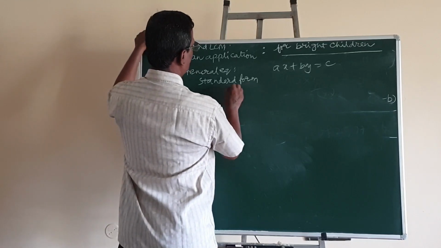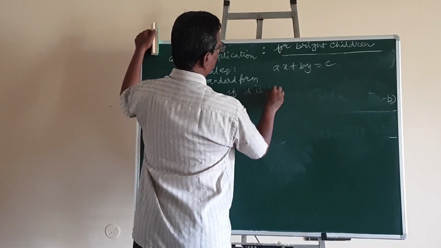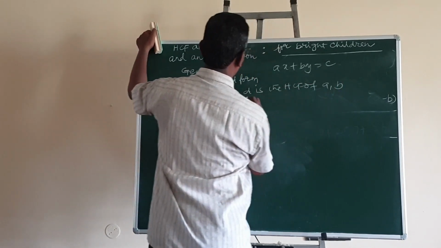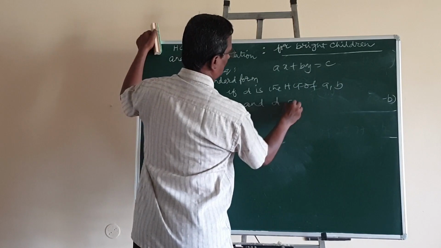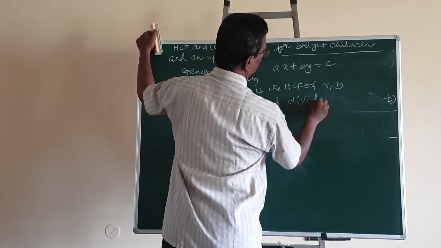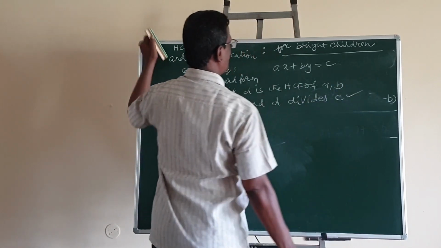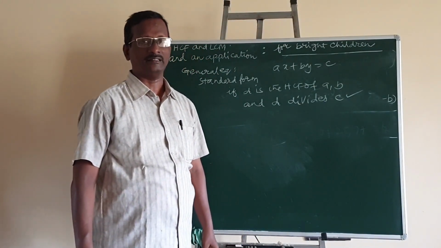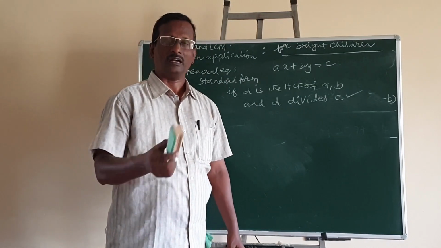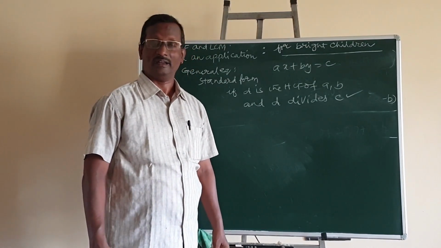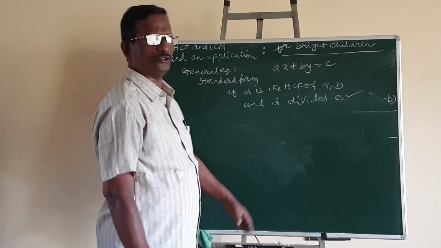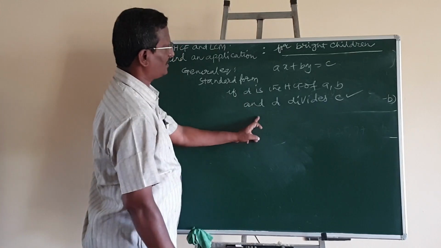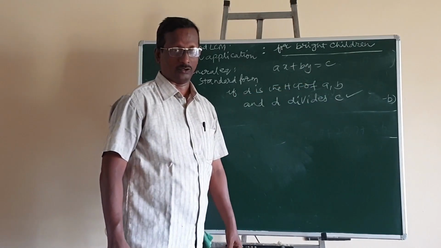If d is the HCF of a comma b and d divides c, then it is possible to generate integral solutions. Integral solutions means the x value and y value both are integers. Such solutions we call integral solutions. This is the condition.